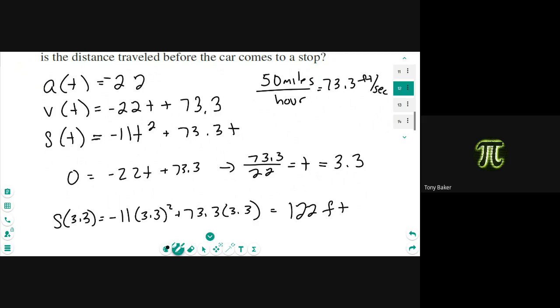So if you're going 50 miles an hour and slam on the brakes, it's going to take you 122 feet to stop. If you're going 60 miles an hour, because I just literally quickly did that, it would take you 132 feet to stop.